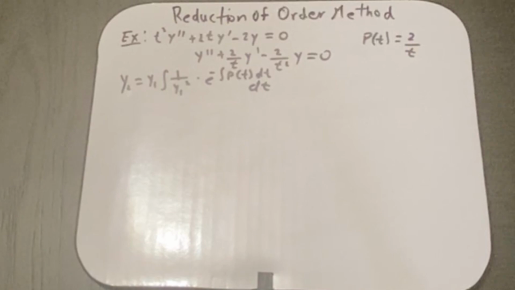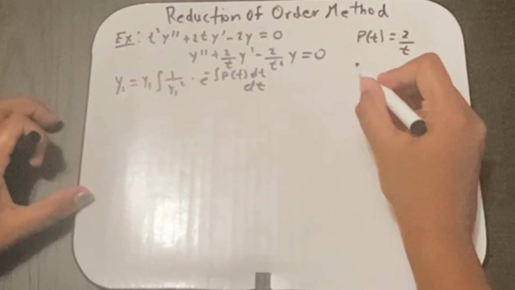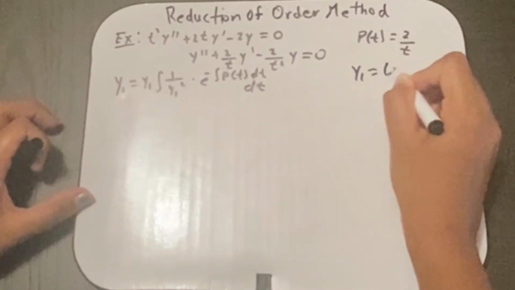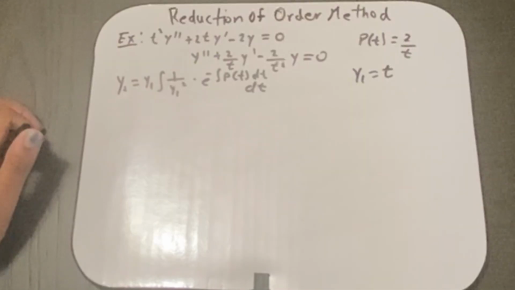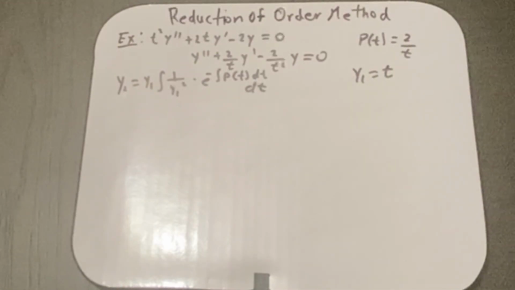That dt there is just for the second integral. Our p of t we've identified as 2 over t, and our y1 is t. We've verified that it's a solution. So now we need to plug these two things into our formula and start solving.